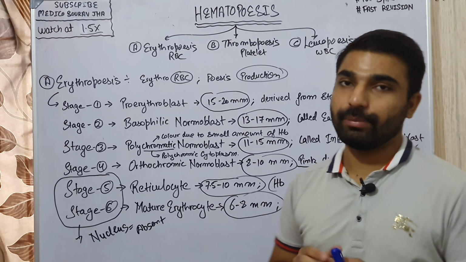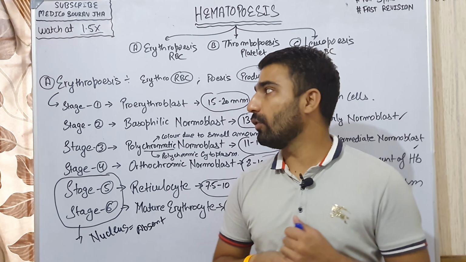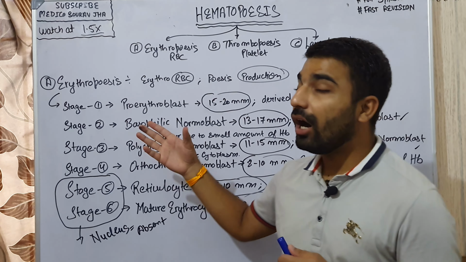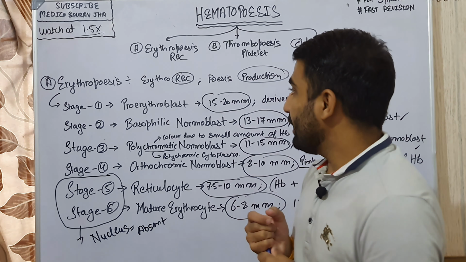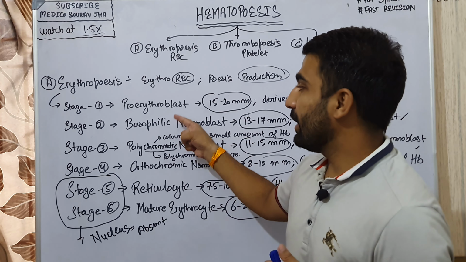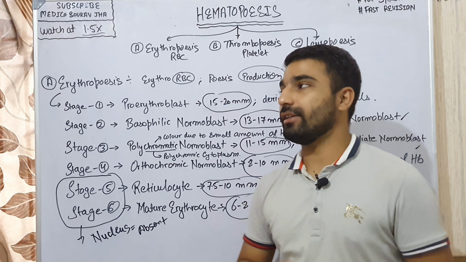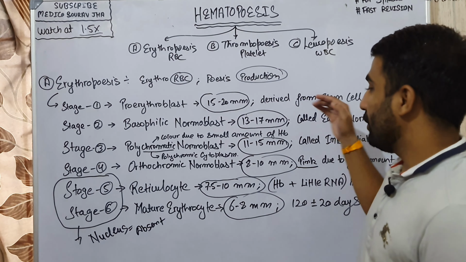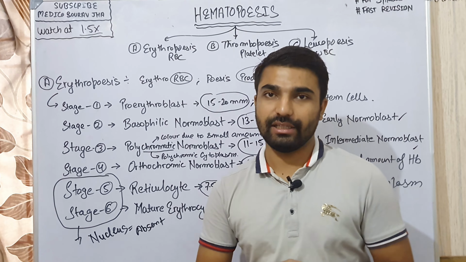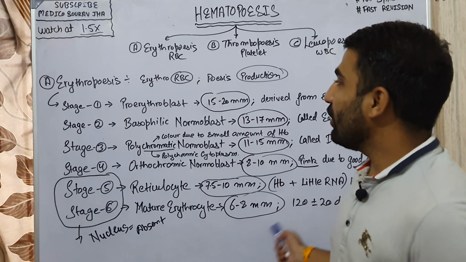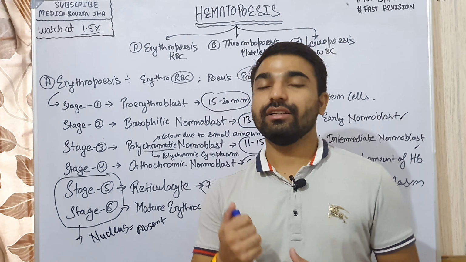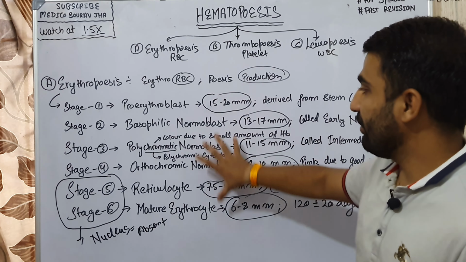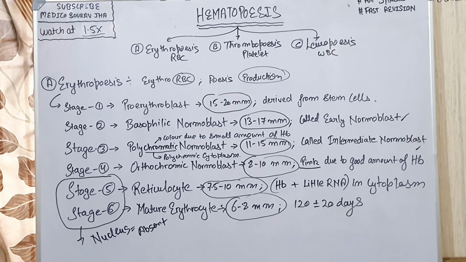This is not the elaborate part, but I will make a separate video for the elaborate part, which will cover each stage in great detail: how the signals are triggered so that the proerythroblast becomes the basophilic normoblast, which triggers it to become the next one, and what triggers a stem cell to become an erythrocyte and not another cell. We will discuss all of that in detail in another video. So this is just an introduction, so briefly note it down and keep it handy with you.